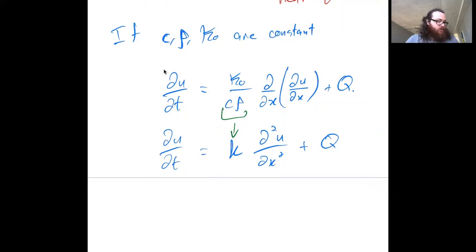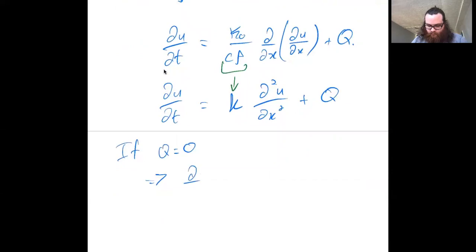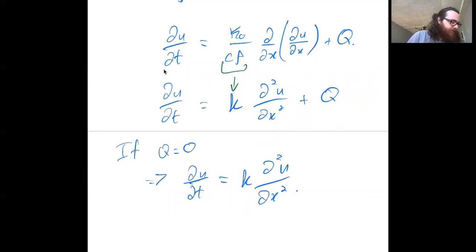And of course, if q is zero, if there's no source, or if heat isn't generated or spontaneously lost, then we end up with our goal as written before, d squared u dx squared.